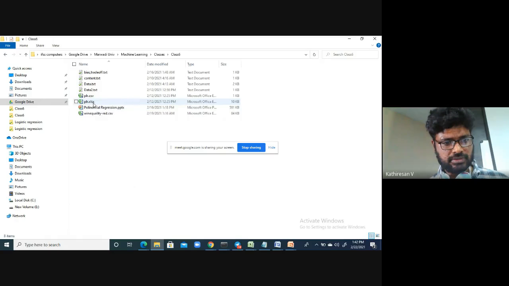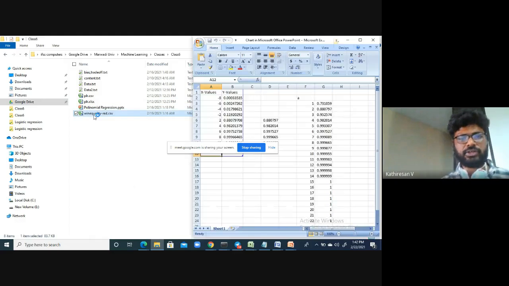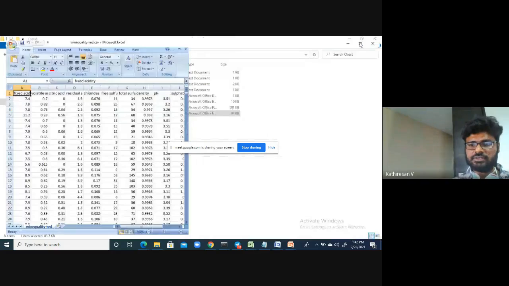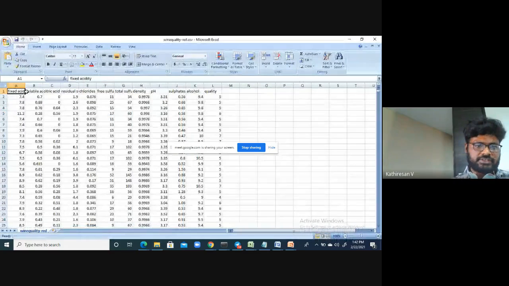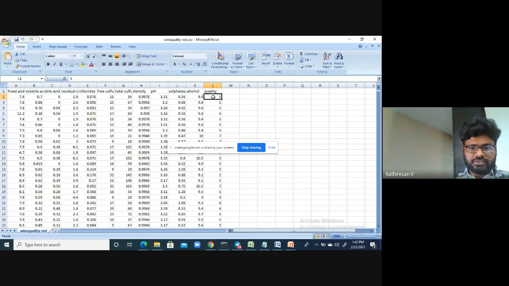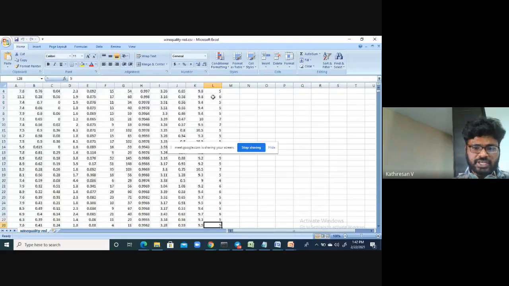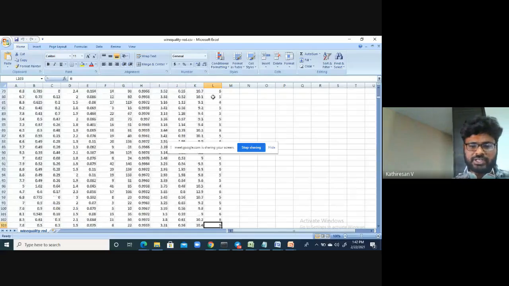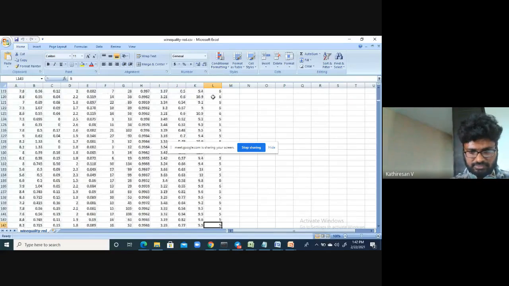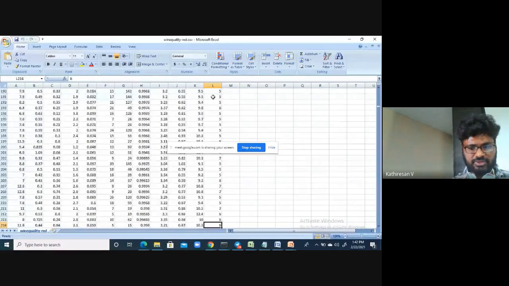This is the wine quality data. See, fixed acidity, these are all the attributes. Based on this, you have to find the quality of the wine. This is the exercise for polynomial regression. This you have to perform.